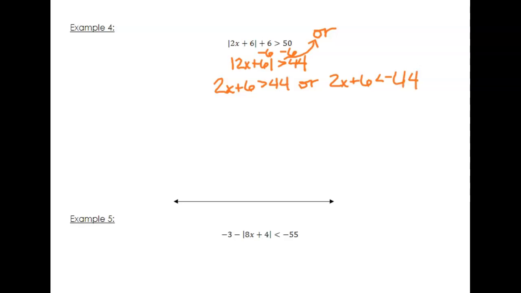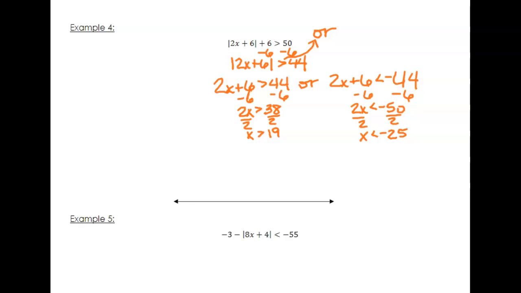If I subtract 6 from both sides, I have 2x is greater than 38. And if I divide by 2, x is greater than 19. Here, if I subtract 6 from both sides, 2x is less than -50. And if I divide by 2, x is less than -25.